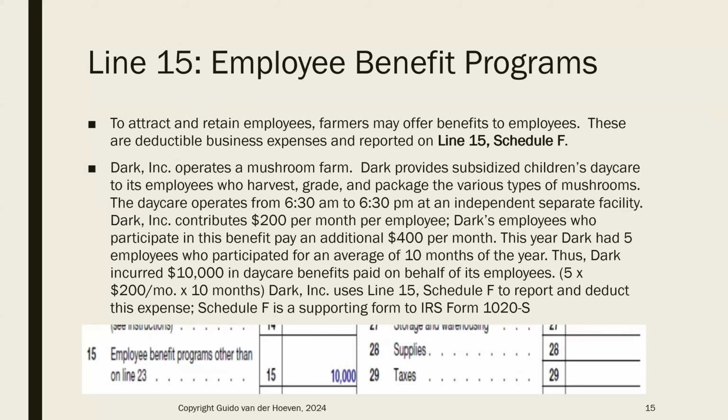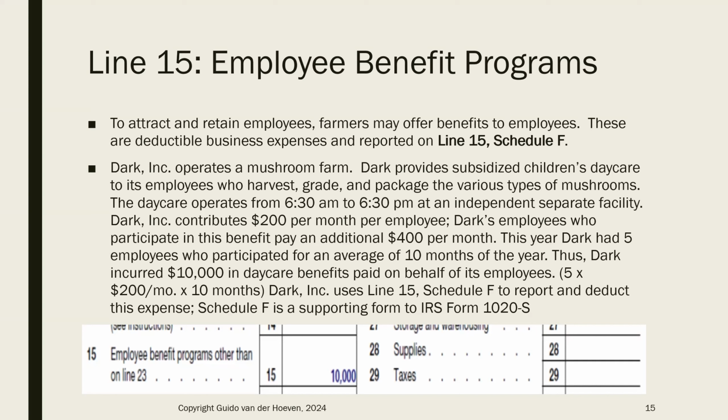The next line that we see on Schedule F is employee benefit programs. Might not apply to many folks on the call, but it's part of the line number, and we use it. So here we've got a corporation, and this is Dark Inc. They operate a mushroom farm. Dark subsidizes children's daycare for their employees who harvest, grade, and package.